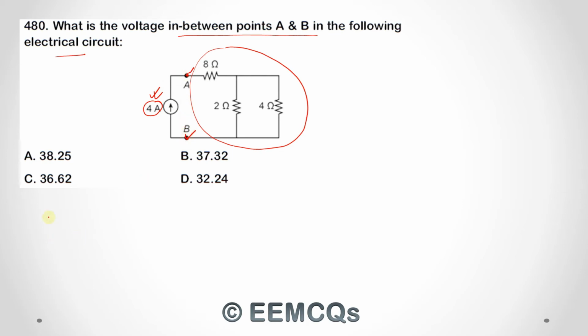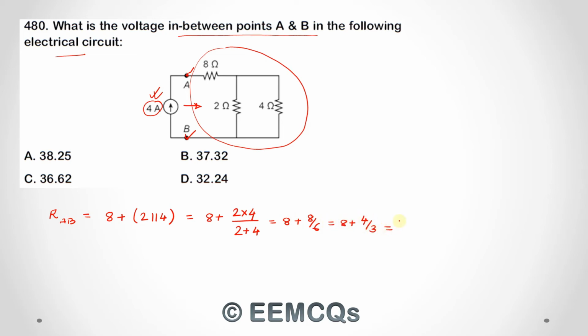So what is the equivalent resistance between A and B when we are looking from this point? This is 8 ohm in series with the parallel combination of 2 ohm and 4 ohm resistances. So this is equal to 8 plus 2 into 4 divided by 2 plus 4, which is equal to 8 plus 8 by 6 or 8 plus 4 by 3.